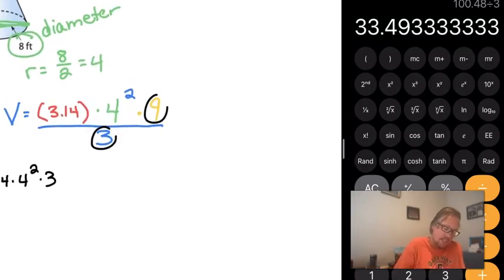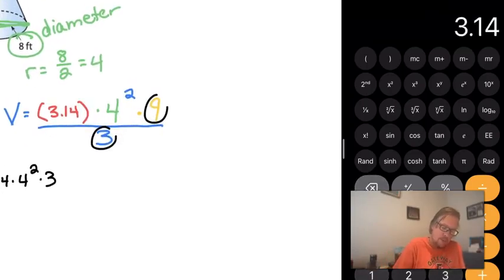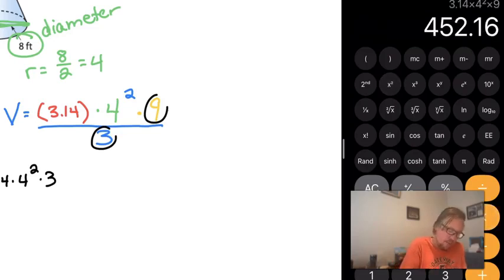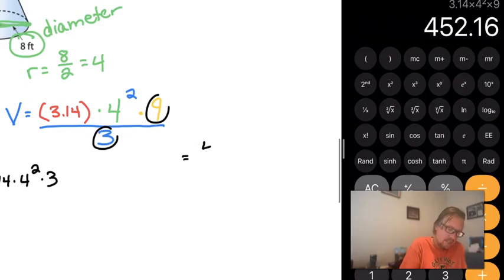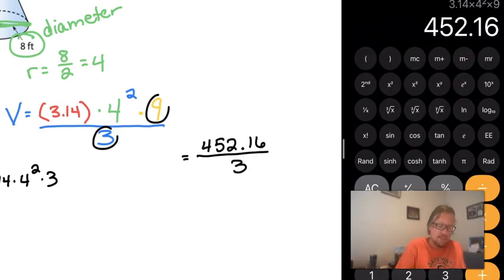I'm going to do it the way I did the last one. I'm going to do 3.14 times 4 squared times 9. So if this was a cylinder, it would be 452.16, but cones are smaller. They're 1/3 as big. So I'm going to divide this by 3.